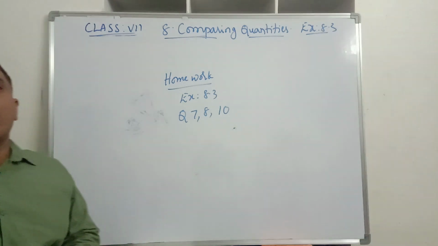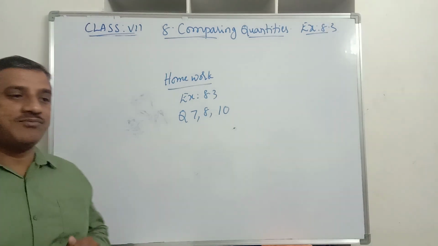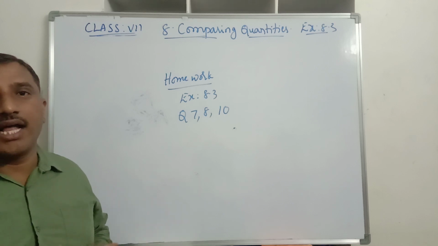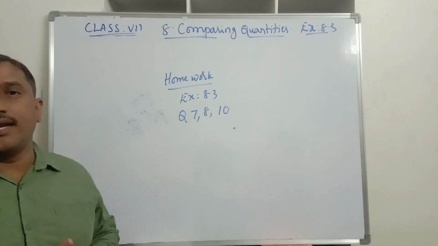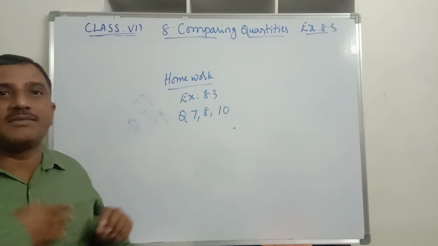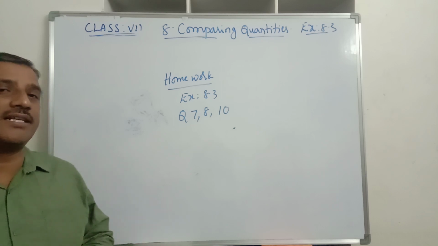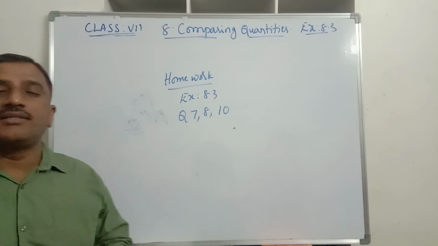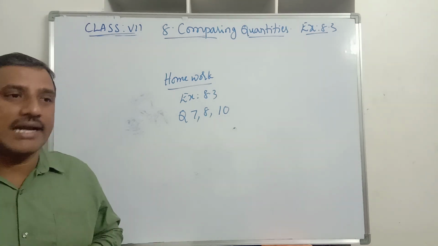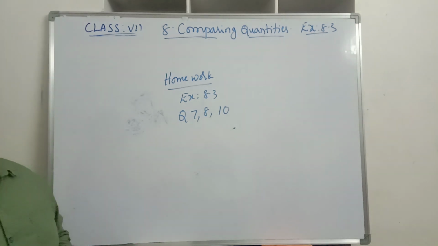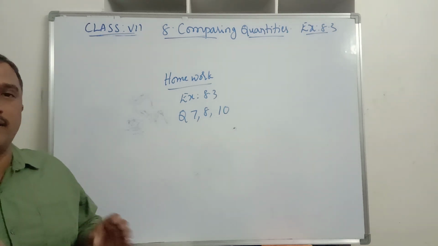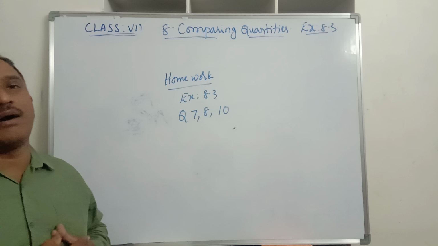So today what we discussed was applications of percentage, that is buying and selling: cost price, selling price, profit percentage, loss percentage, and mainly today we studied simple interest. How to calculate simple interest when we know the time period, the rate of interest and the principal amount.